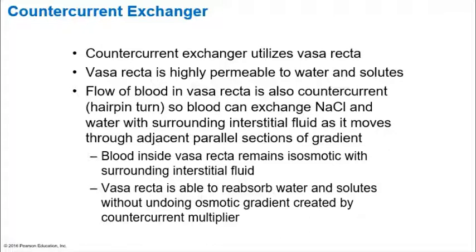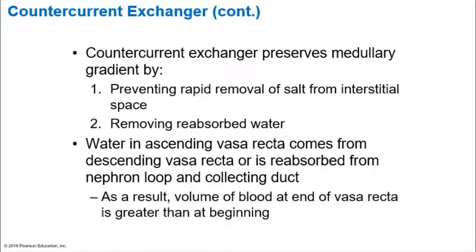So it turns out those vasa recta, the countercurrent exchangers, are going to help to maintain this medullary gradient simply by removing any water or salt if it needs to. It will help to prevent any removal or kind of helping to reestablish homeostasis of salt in the interstitial fluid as well as water. And it could do it because it's just as permeable as the nephron loop.